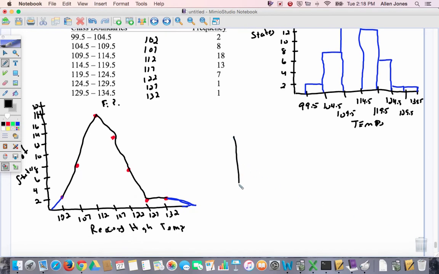And I'm going to scroll down here a little bit more and try to put in our graph for the ogive. Our ogive is back to using the class boundaries, so I'm going to start by filling those in here.